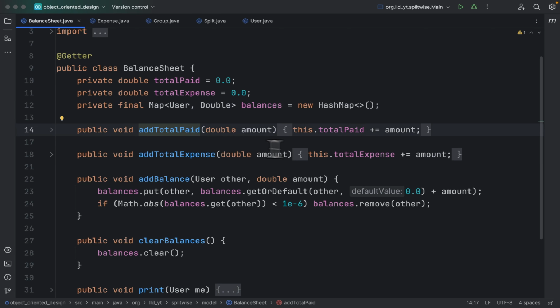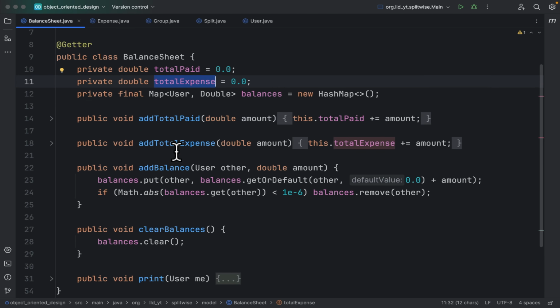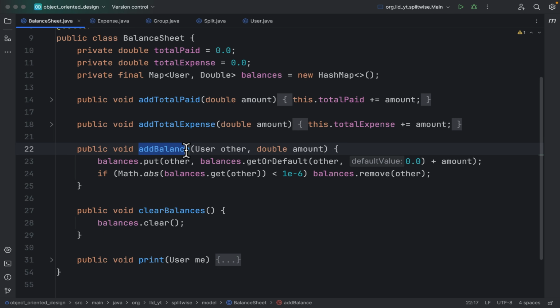And we also have the functions like add total paid and add total expense, which would be incrementing these variables. Apart from that, I can also add the balance of a particular user. So if someone makes an expense, in that case, we would be updating this balance map. So it would be changing the amount between me and this user, right?